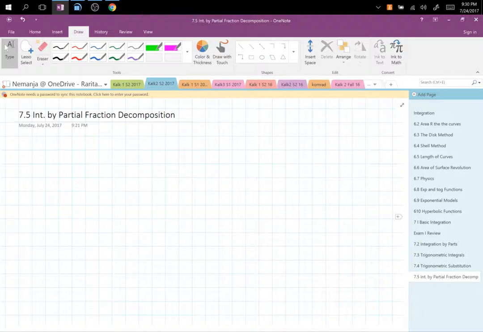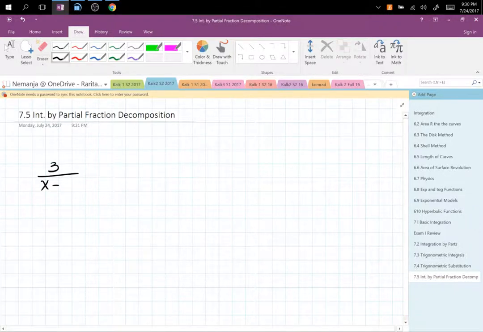So you might recall from Algebra 1 that you have, say, 3 over x minus 2 plus 5 over x plus 3, and the question said add.